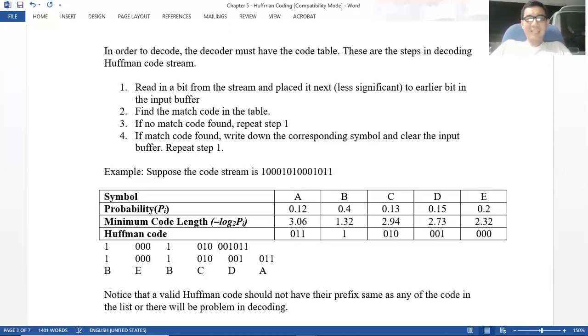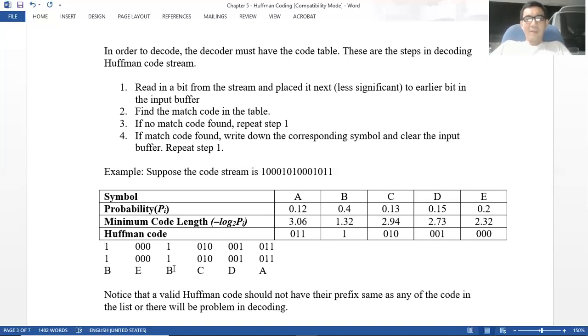Yes, we have C. We clear the buffer and take 1 bit in: 0, no. 0, 0 also not on the table. 0, 0, 1, yes, D. We clear the buffer. Now 0, no. 0, 1, no. 0, 1, 1, yes, A. So that's how we do the decoding.